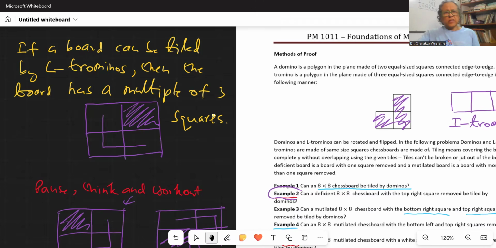So the contrapositive of that is that if a board does not have a multiple of three squares, right?